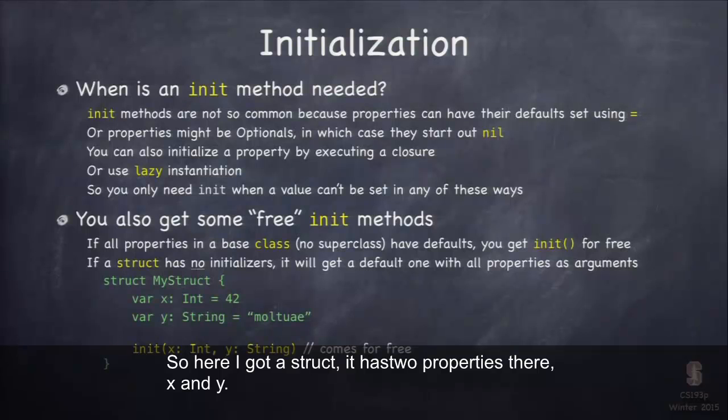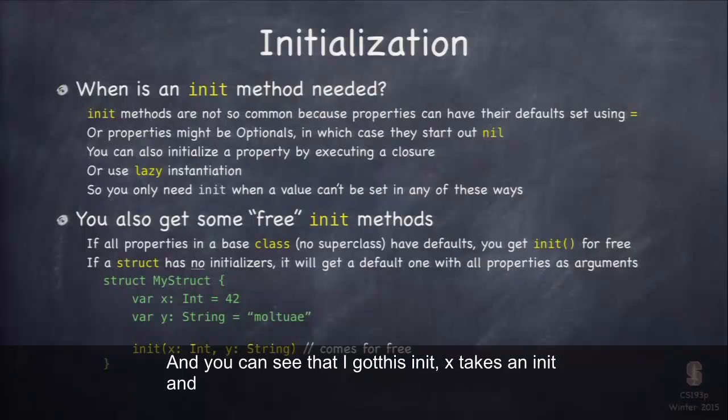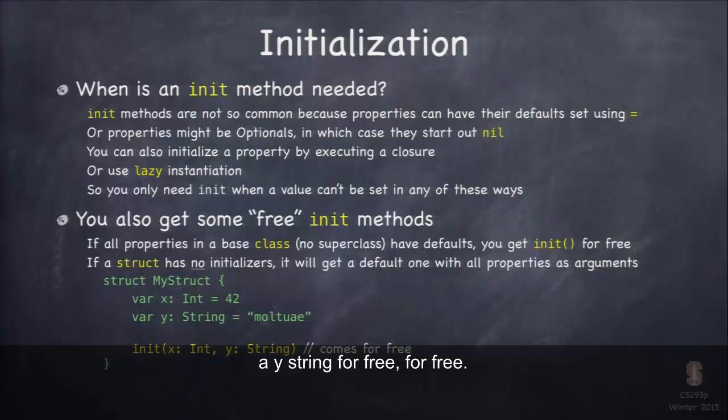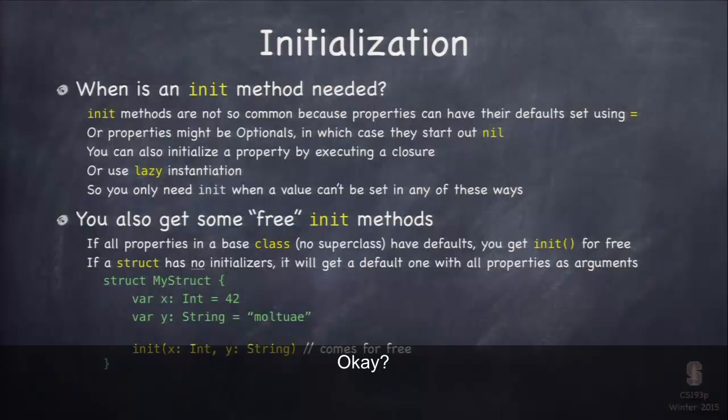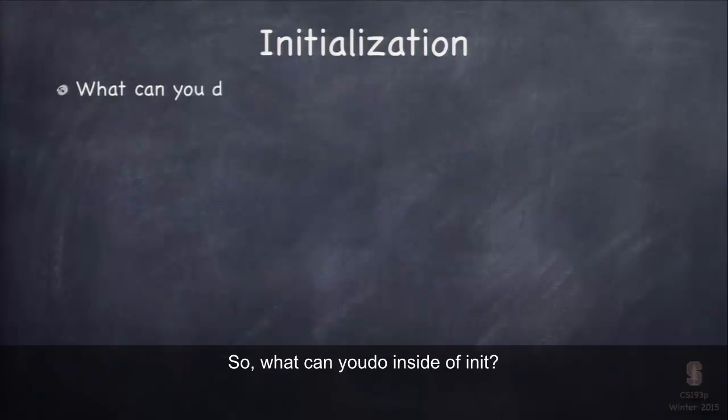It has two properties, x and y, and you can see that I got this init, x takes an Int and y a String, for free. I didn't have to implement that at all. It just came for free. And so people can call that. They can initialize my struct by saying MyStruct, open parentheses, and provide the x and the y. All right.